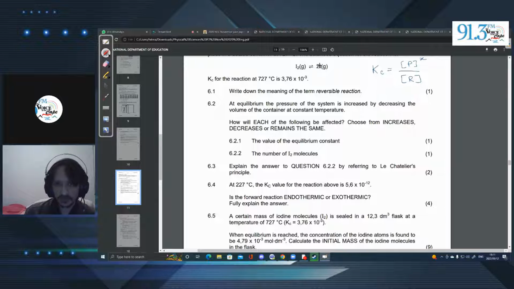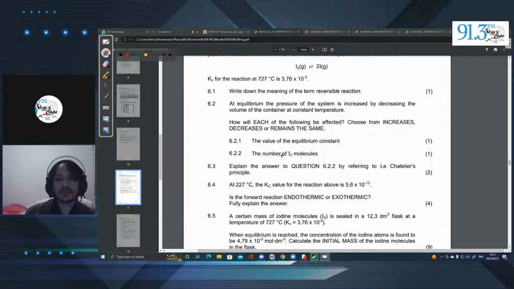So the only things that affect your equilibrium constant, as you can tell from this equation, are the concentration of your products and reactants and the number of molecules. So increasing pressure and decreasing volume is not going to affect it. This remains constant, so it stays the same, right?